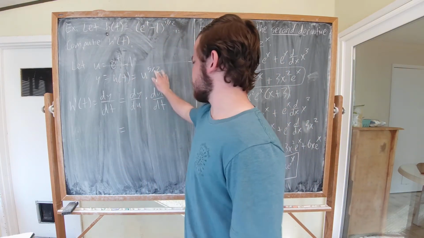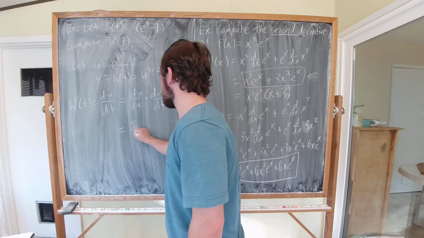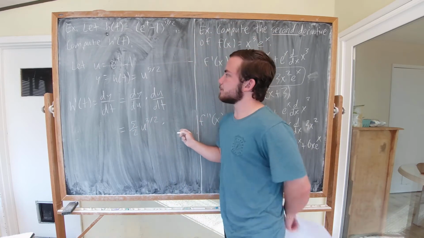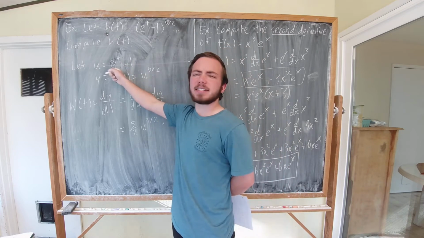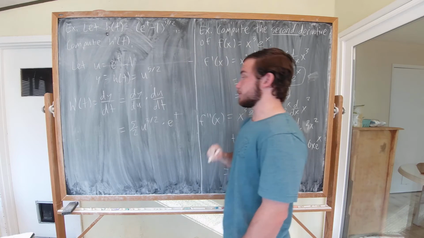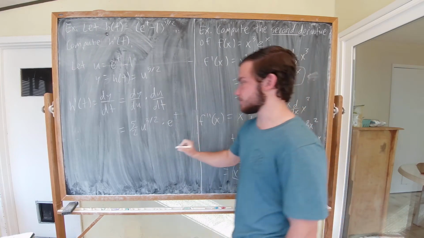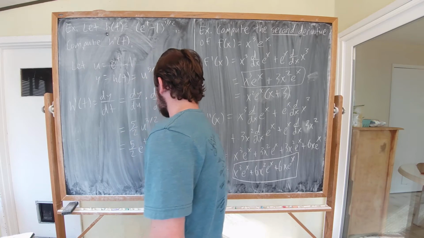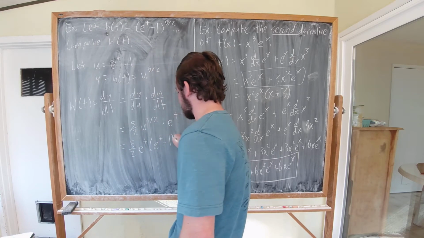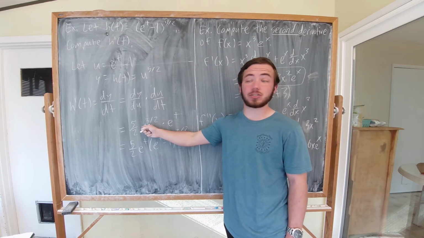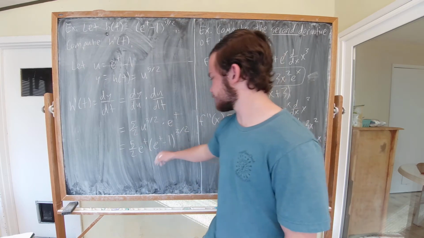Well, dy du is going to be 5 halves u to the 3 halves, and du dt, well, the derivative of e to the t is just e to the t, the derivative of 1 goes away, so we're left with just e to the t. So we'll have 5 halves e to the t times e to the t minus 1 to the 3 halves power, if we substitute back in our definition for u.